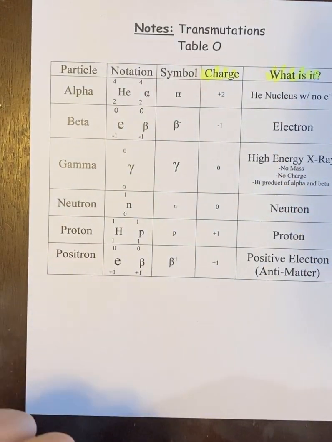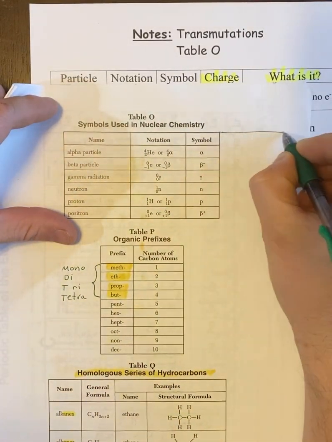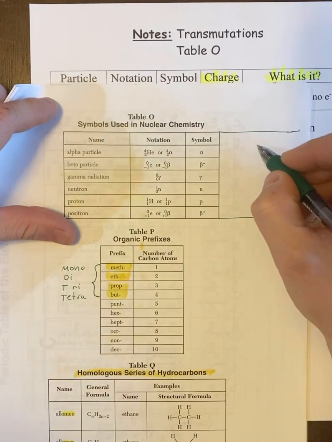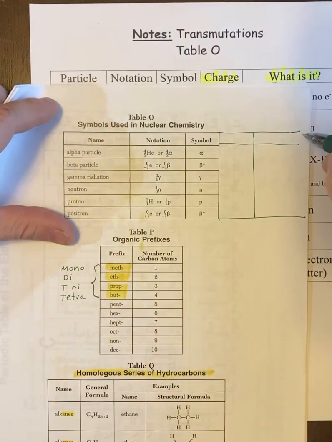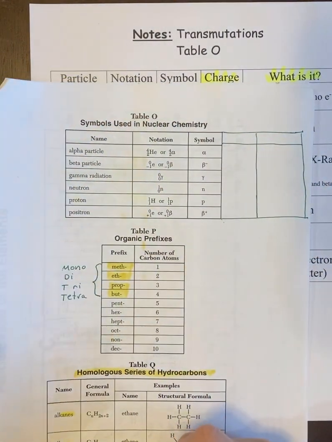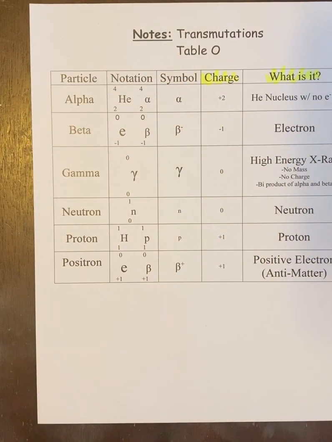You could write this in your notes, or you could go directly to your reference table, go to Table O, and add it right there, putting 2 additional columns in and filling it in that way. That's totally acceptable too. I don't care where you put it. This might actually be better as long as you don't lose your reference table. And that's pretty much what you do.